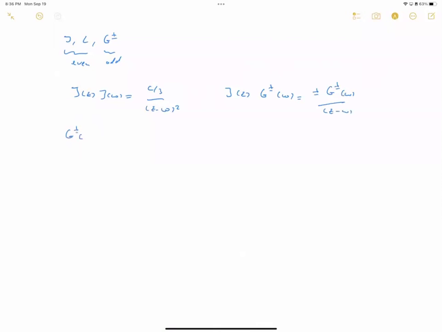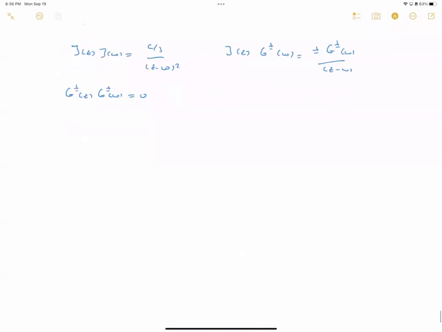These odd fields have trivial OPE with themselves, but G plus with G minus is the most interesting one, surely. And it's of this form, and quite similar.